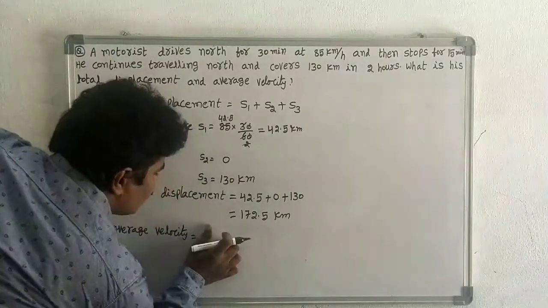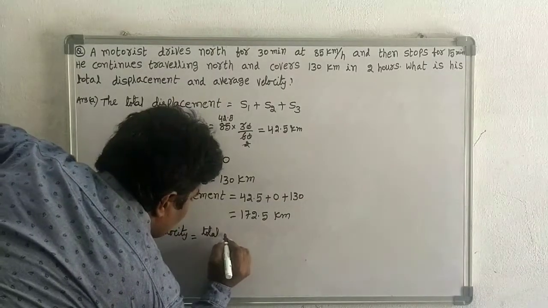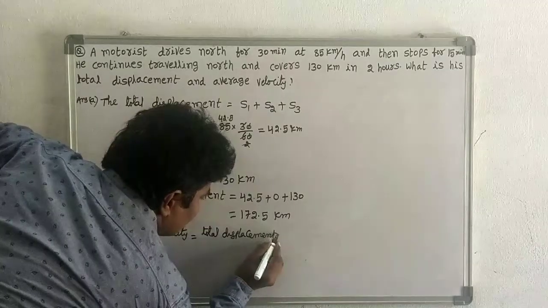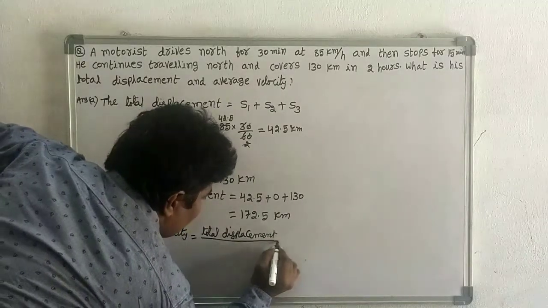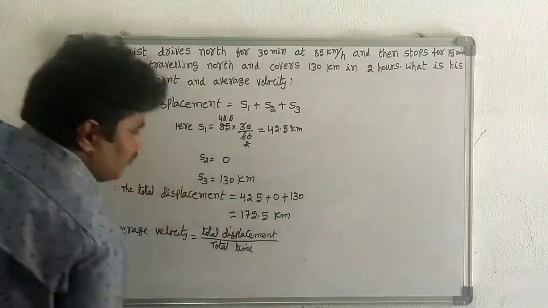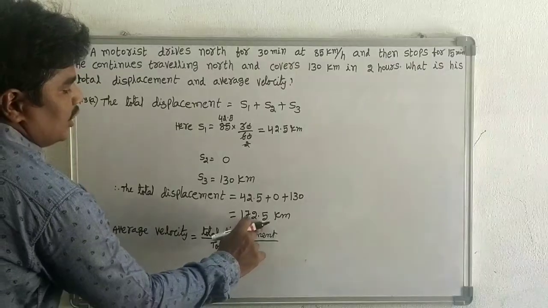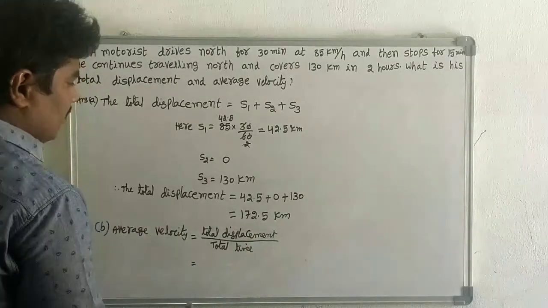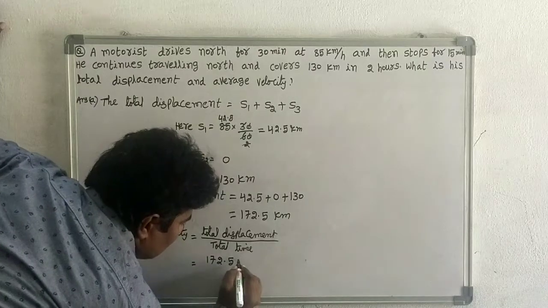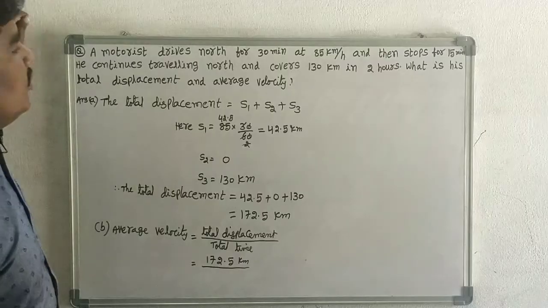Total displacement by total time. What is the total displacement? 172.5 kilometers, divided by total time.